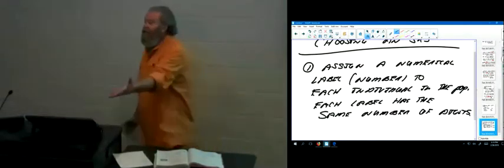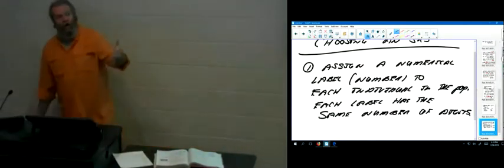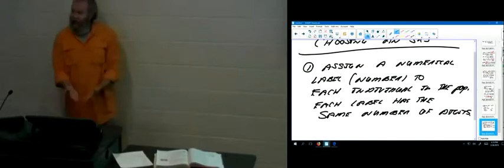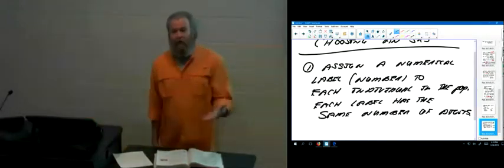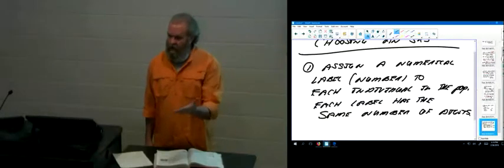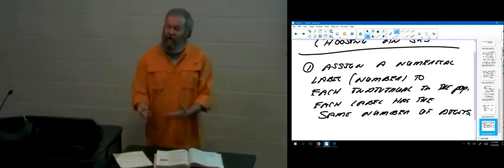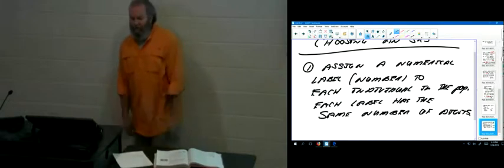Suppose I've got 5,000 in my population. I want to go from 1 to 5,000, but I need everybody to have 4 digits, so I would start labeling 0001 and so on. I'll add zeros so that everybody has 4 digits.